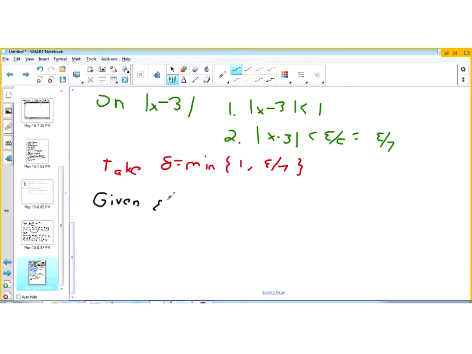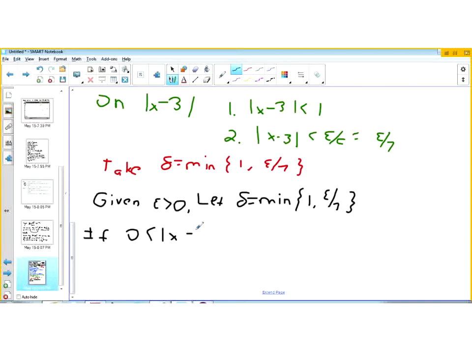All right, of course we need to check, is this true? So go back and do our check procedure. Given epsilon, delta equal to the minimum of 1 and epsilon over 7.